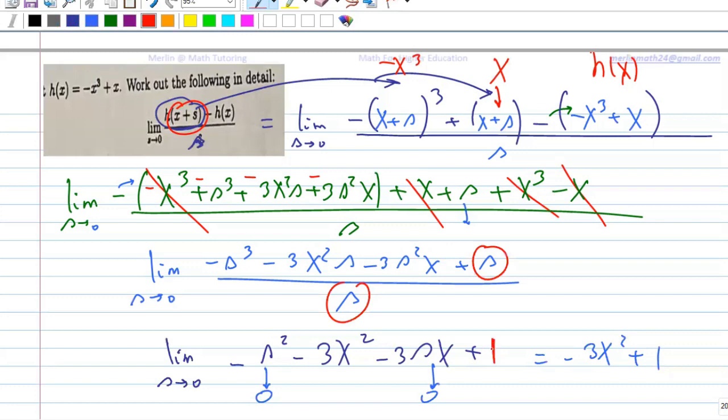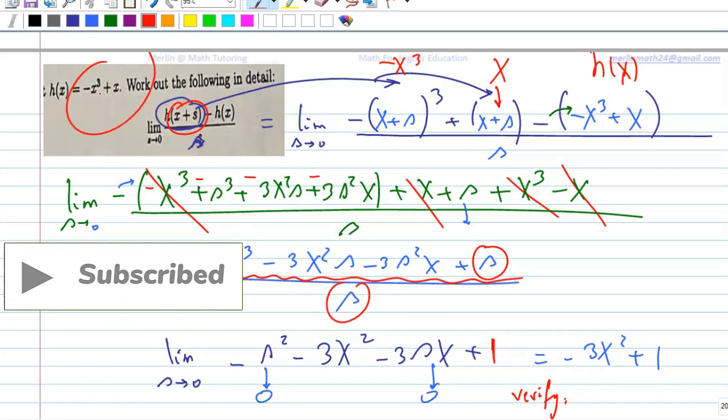So be careful. That s is for all; it means it should cancel one s from every term, and that's what happened. So this is your final answer. And we mentioned, by the way, you are able to check if this is true. You can verify easily because this is meant to be the derivative.